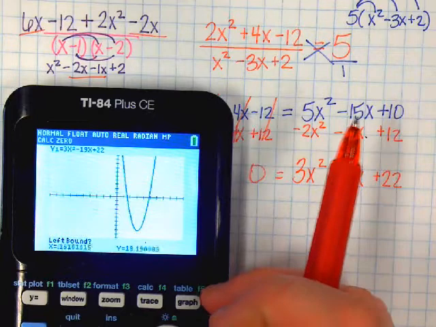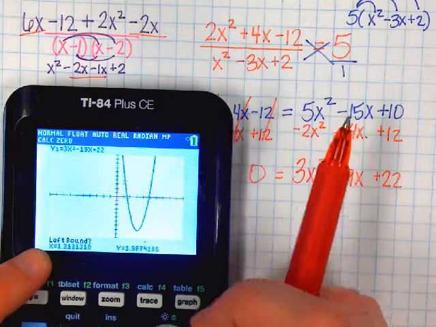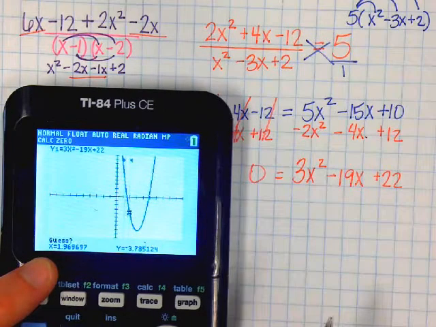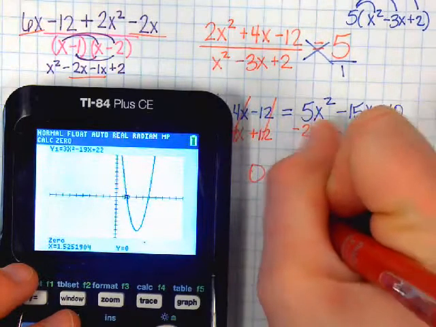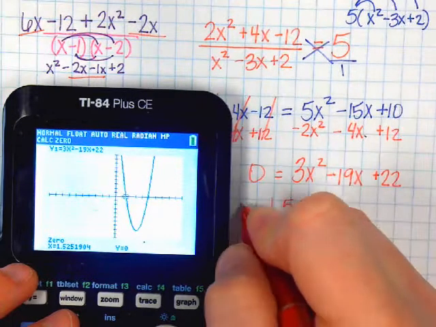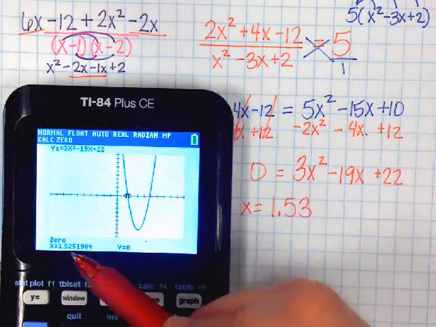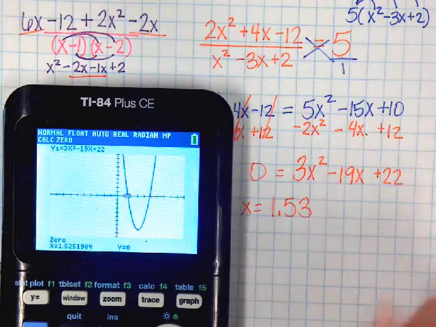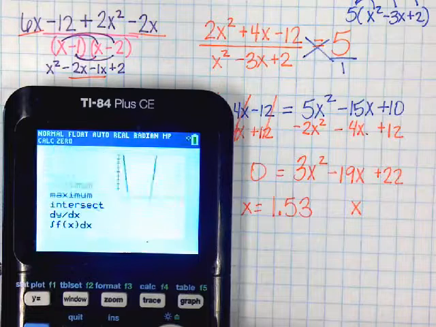So remember, you're trying to find the zeros, so second trace, go to 0. Notice it says left bound, so I need to be to the left of it. Then it says right bound, move to the right, and then enter. So the first 0 is at 1.53, because if you notice 5, 2, 5, that 5 makes a 2 round to a 3.